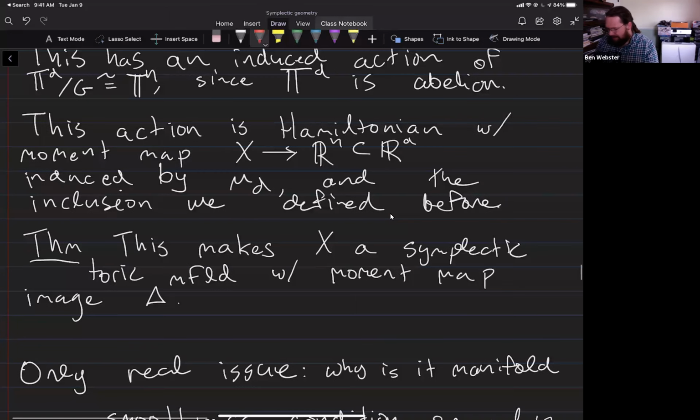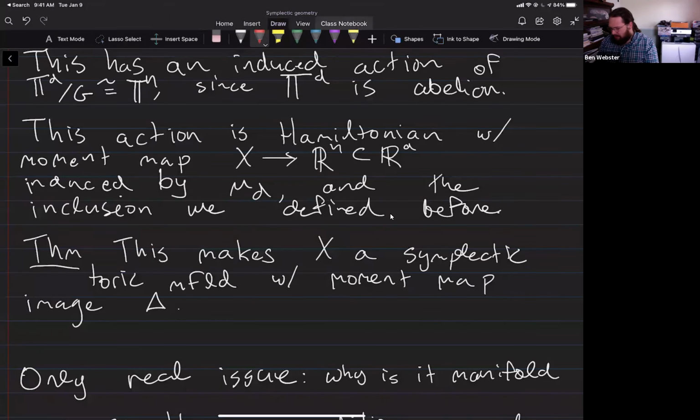So the only part of this that we actually really need to prove is why is it a manifold? Why is this reduced space a manifold? I.e., why does the group G act freely on that moment map level? Because if I know that it acts freely on that moment map level, then I'm basically just applying Marsden-Weinstein reduction.